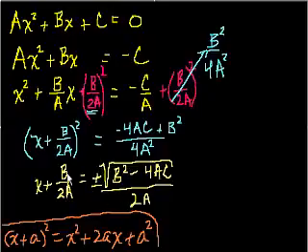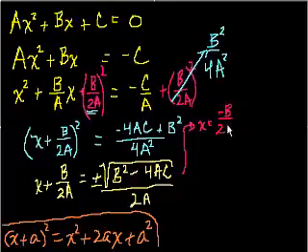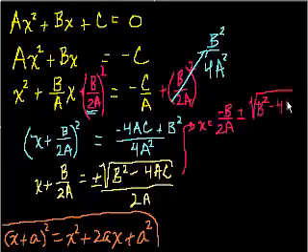And now we just have to subtract b over 2a from both sides. And we get, and this is the exciting part, x is equal to minus b over 2a plus or minus the square root of b squared minus 4ac, all of that over 2a.